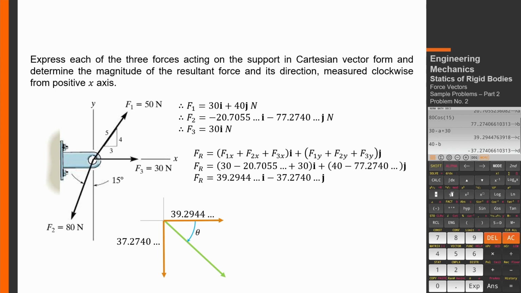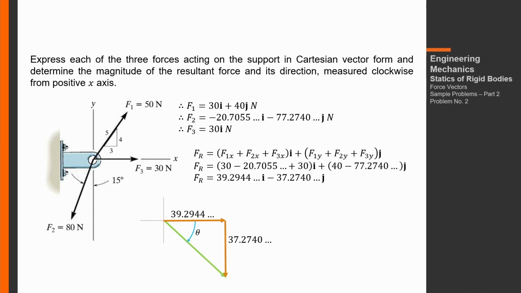Para makuha yung angle, kailangan naman dito measured clockwise from the positive x-axis, kagaya ng nasa figure. Triangle ulit. Therefore, tangent theta is equal to 37.2740 over 39.2944 and so on.